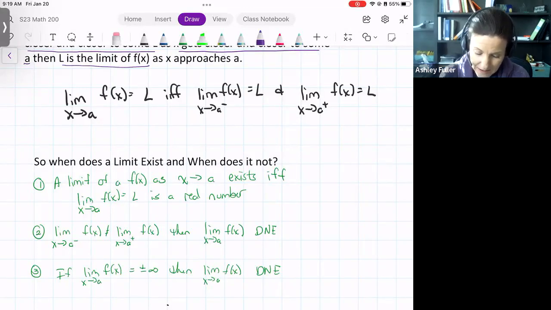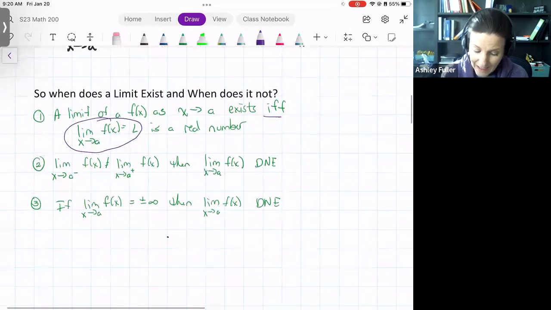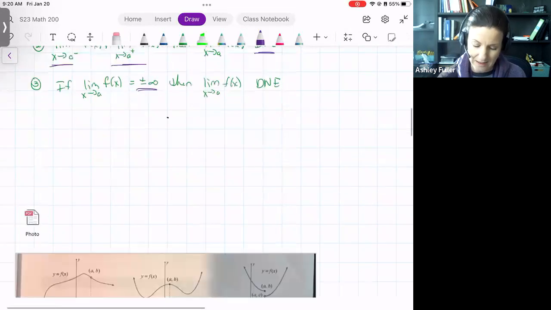A limit exists if and only if this L is a real number. It does not exist if the same real number is not what it equals from right and left. We say the limit does not exist, DNE, or if the limit approaches either positive or negative infinity, then the limit does not exist.